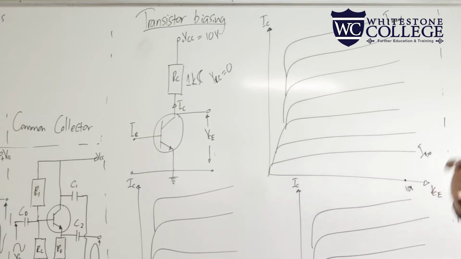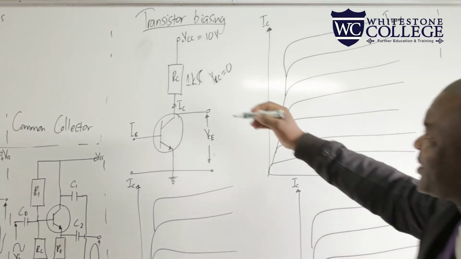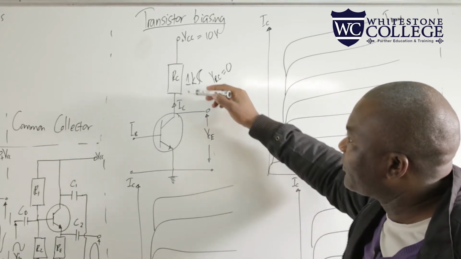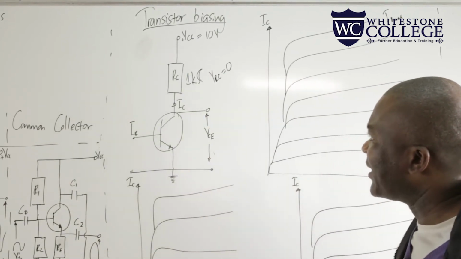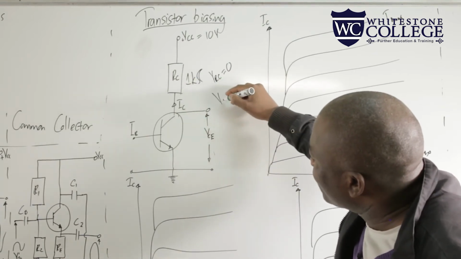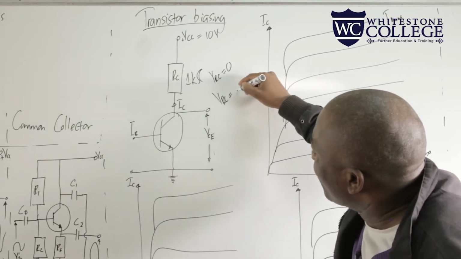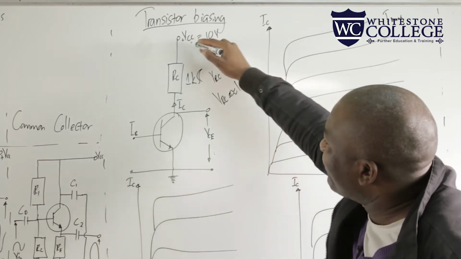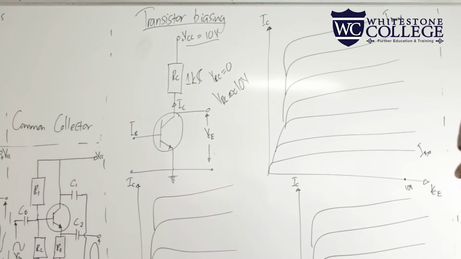So when our transistor is fully on, that means maximum current will be flowing through our load resistor, which is RC. In this case, the voltage drop across RC, VRC, will be approximately equal to 10 volts, which is the supply voltage, the biasing voltage.